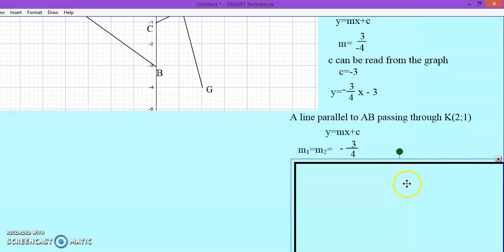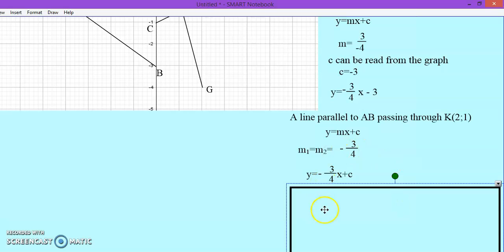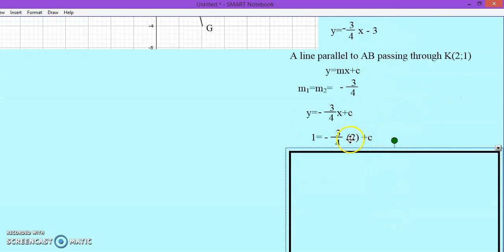So now I go to my equation, y is equal to mx plus c, and I substitute the gradient in there. My next step is to take my coordinates of K and substitute that in this equation. So 2 is my x value, I substitute it there. 1 is my y value, so I substitute it there. And now I solve for c.